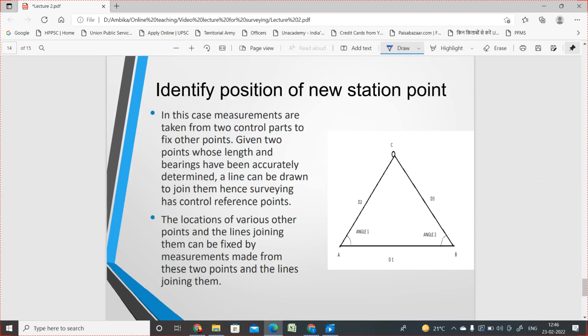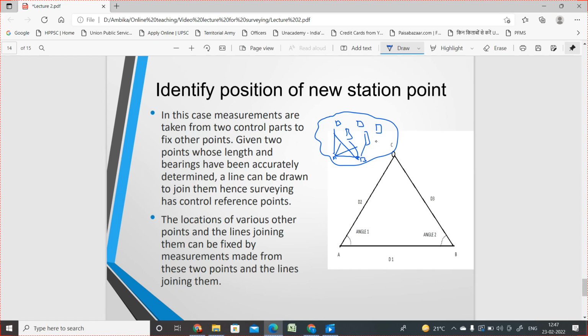Now, identifying the position of a new station point. Suppose this is the area and these are the objects present there, and suppose this is point A. We have taken all the details from point A, but it is not able to collect the details of this point. So we have taken point B, which we already established, and we have also taken the readings from point B. But these two points are not sufficient to take all the readings.